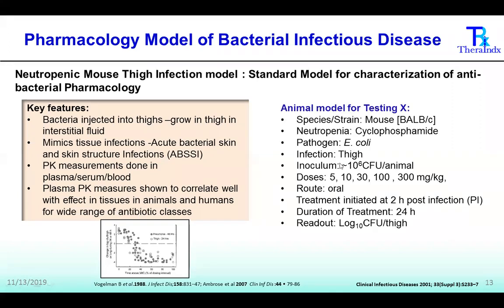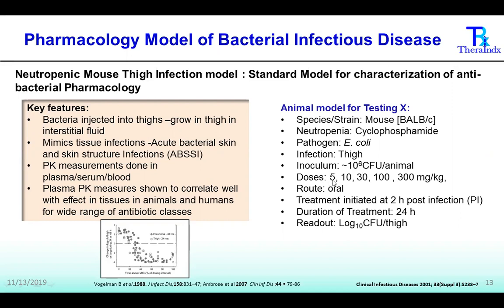So for the project to test lead compound X, the neutropenic mouse was chosen. It was made neutropenic because one likes to study the effect of the compound alone minus the immune system's effect. The pathogen, of course, is E. coli here, and it's infected in the thigh. Around 10 to the power 6 colony-forming units are injected in the animal.